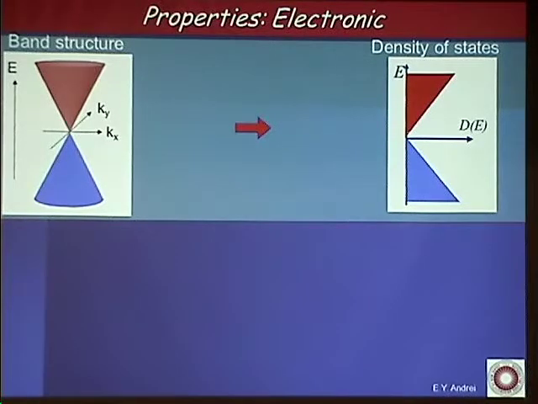Now, what is remarkable about this is that because there are no electrons here, I can put my graphene as an electrode in a capacitor and just apply a voltage between it and the ground, and it allows me to walk up this energy here. So I can change the number of electrons that I have very easily.